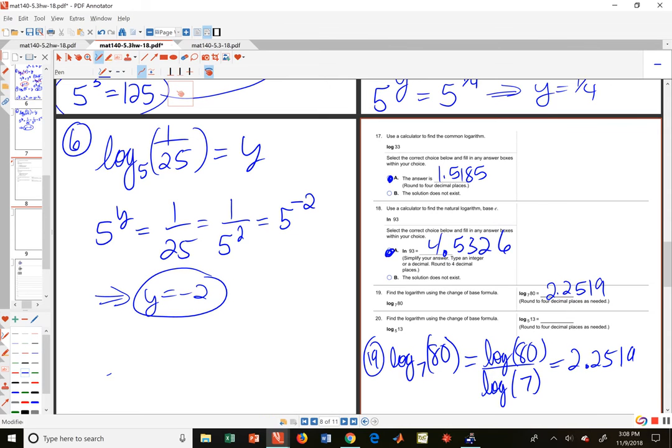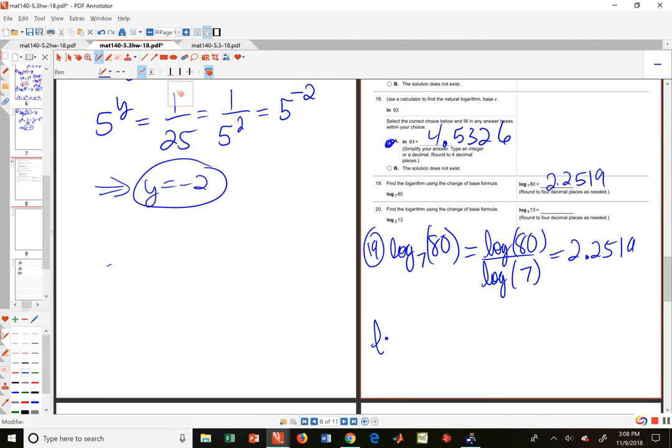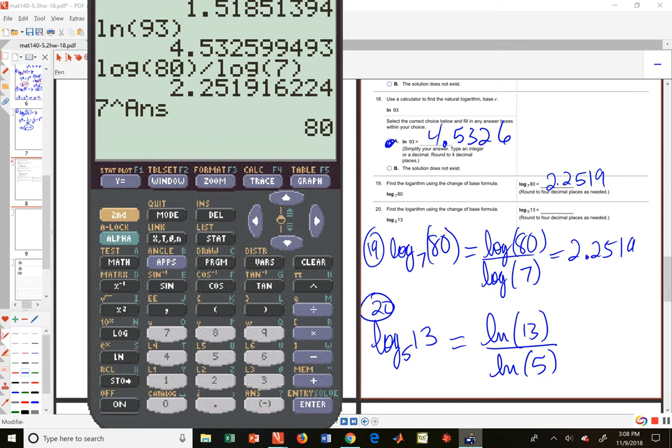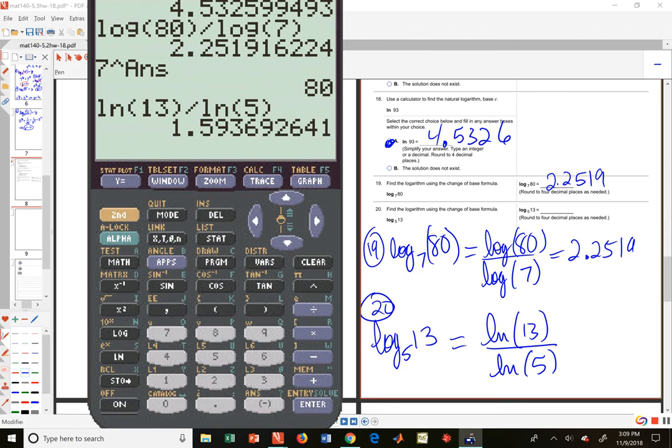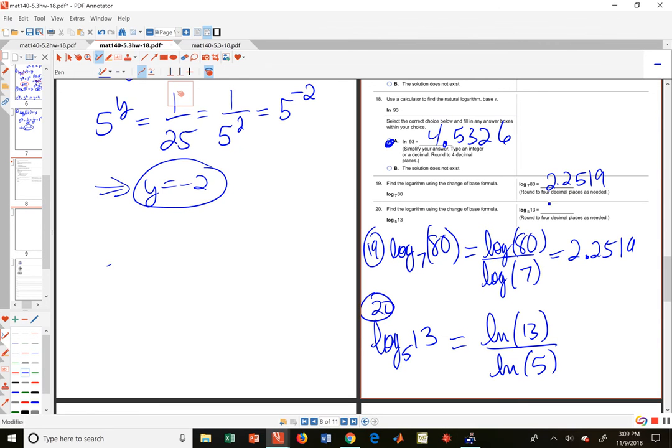And okay, so the last one there, log base 5 of 13, using the change of base formula. Now I'm going to use the natural logarithm this time because it turns out you can use either one. We have both of them on the calculator, so you can do the ln of 13 over the ln of 5. So that'd be the ln of 13 divided by the ln of 5. And so we get our answer of 1.5937.